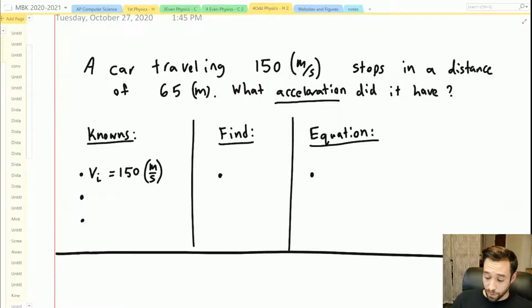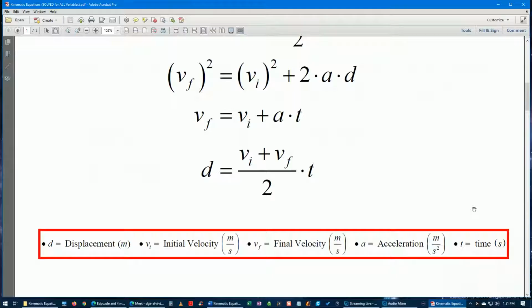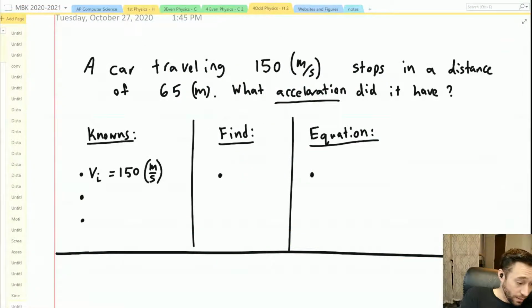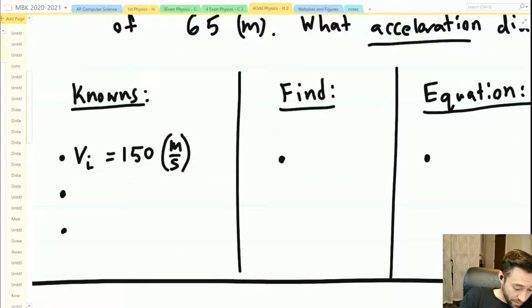So if I look back over here, the only one that has units of length would be my displacement. Okay. So that's going to represent D, my displacement. So it's going to be 65 meters, and that is representing my displacement.